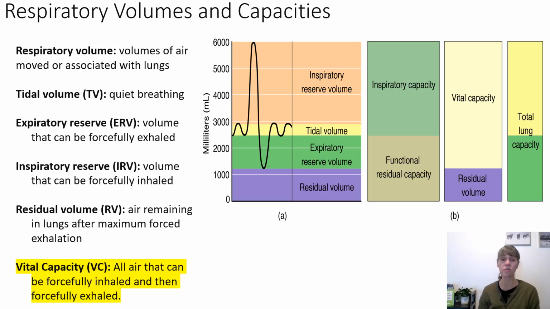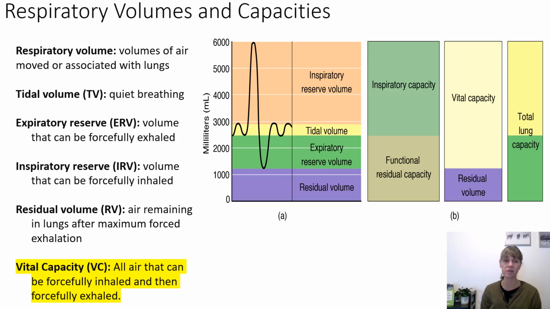Respiratory volumes, or volumes of air that are moved or associated with the lungs, can be measured. Tidal volume is that amount of air, that volume of air that is moved during normal eupnea, quiet breathing. So the amount of air in and out is tidal volume.